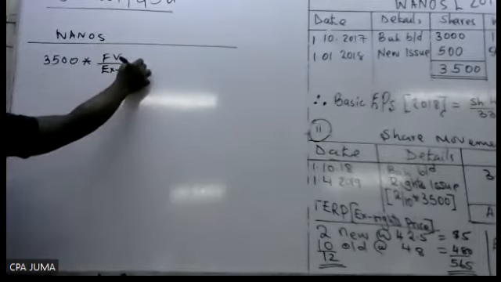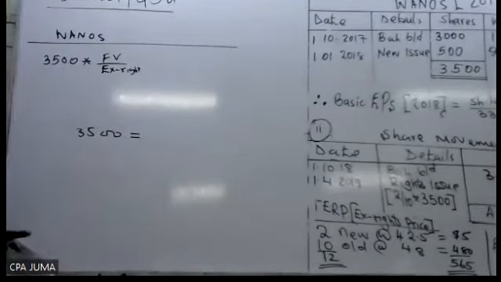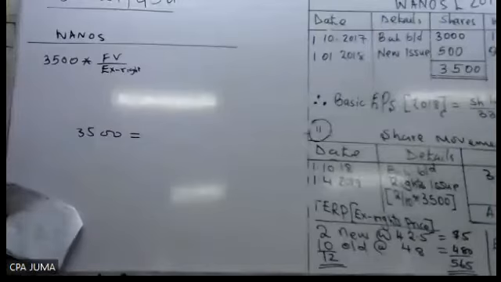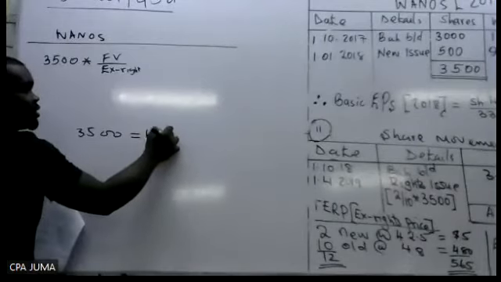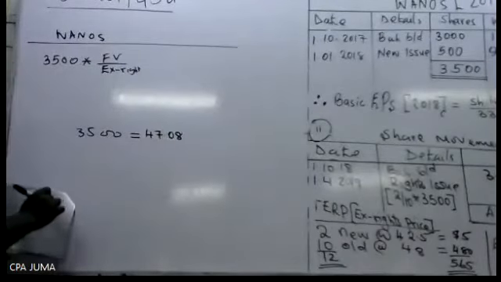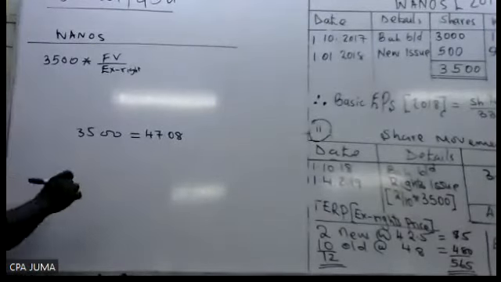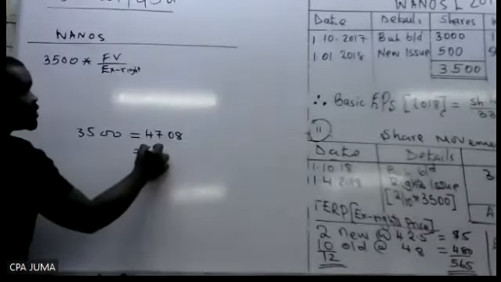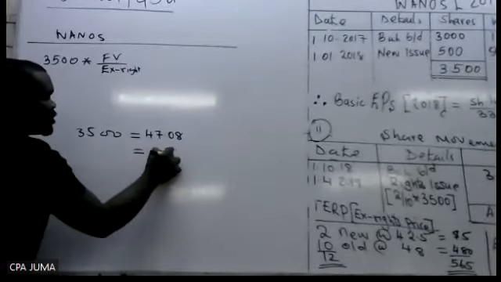The reason is this: these 35 were presented to the stock market at the ex-rights price, 47.08, which is the price they intended to give the rights. But the actual price on that date was 48.